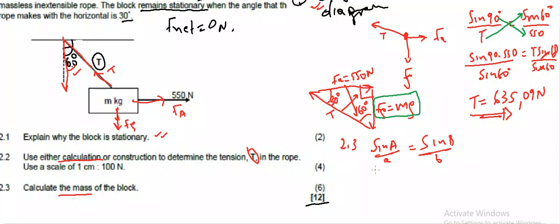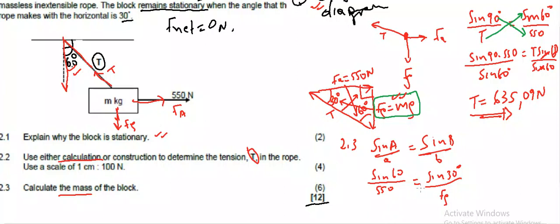So sine of angle 60 degrees divided by the side that is opposite to 60, which is 550 newtons. Then sine of angle B. Angle B now is our angle that is opposite to Fg. The angle that is opposite to Fg is 30. So sine of angle 30 degrees divided by B, that is Fg.